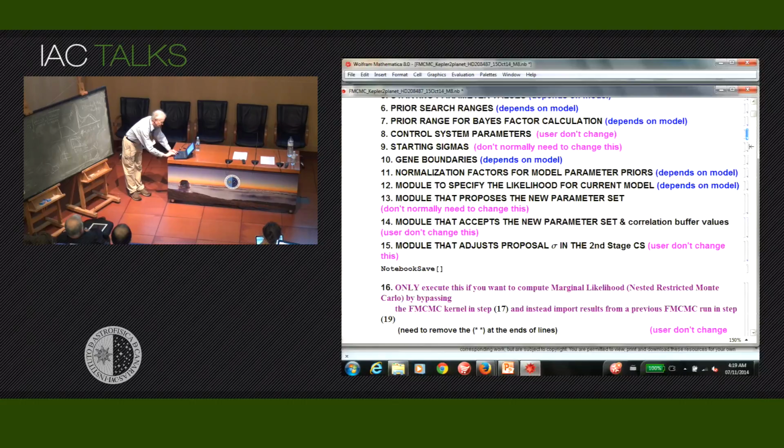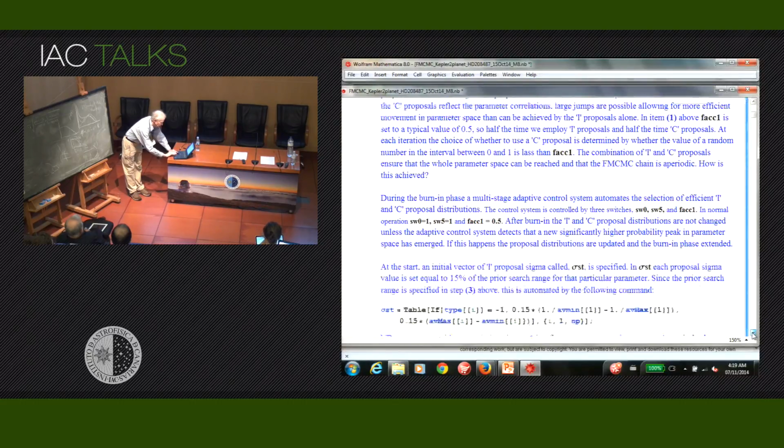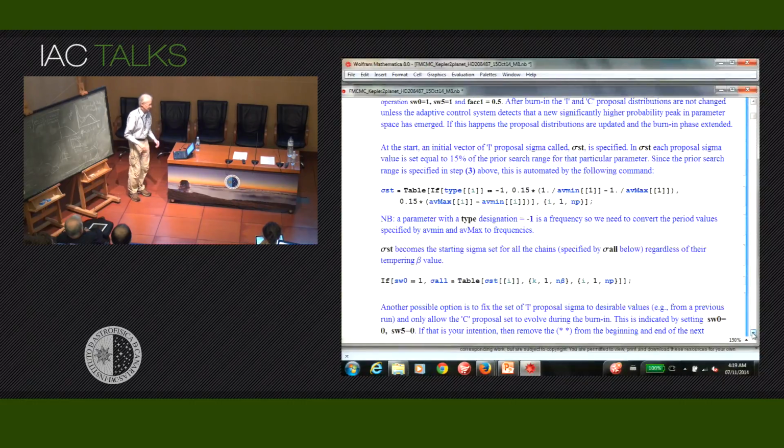The starting sigmas, there's nothing really to be done here, because the program automatically starts off with proposal sigmas that are 15% of your prior range. So whatever you put in your prior range, it will start from that. You don't have to do anything there.